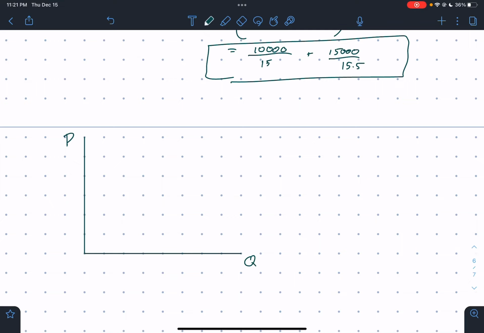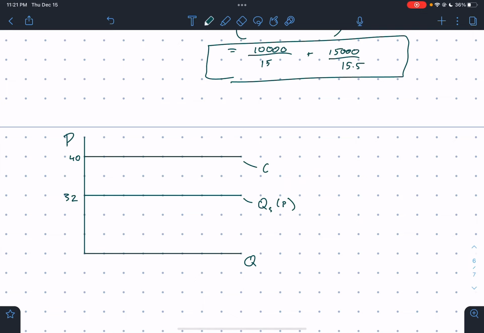The supply curve is originally here. So this is P is equal to 32, and we're going to raise this up by 8 units up to 40. So this is Q supply originally, and this is Q supply with the tax. Okay, so we just shift up the supply by 8.